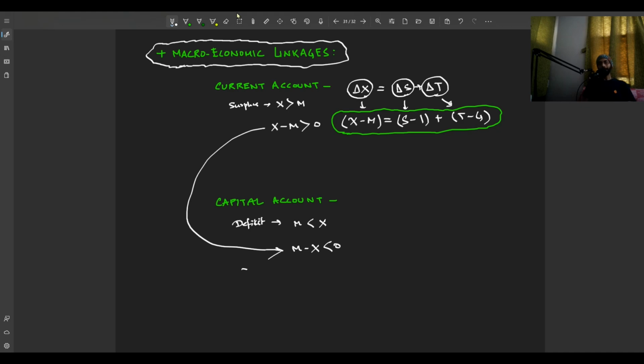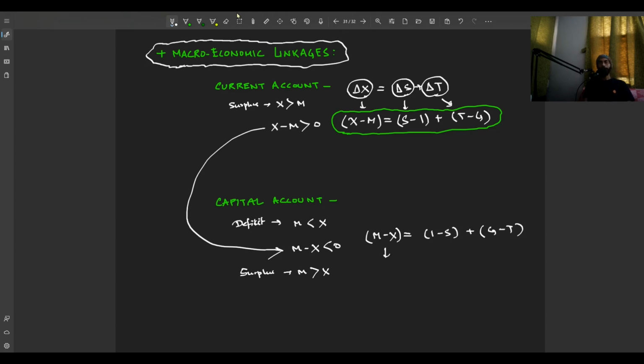Now, what if the capital account is surplus? If the capital account is surplus, this means that imports are greater than exports. And the equation for capital account is M minus X is equal to I minus S plus the government spending minus taxes. That is deficit spending. Right?